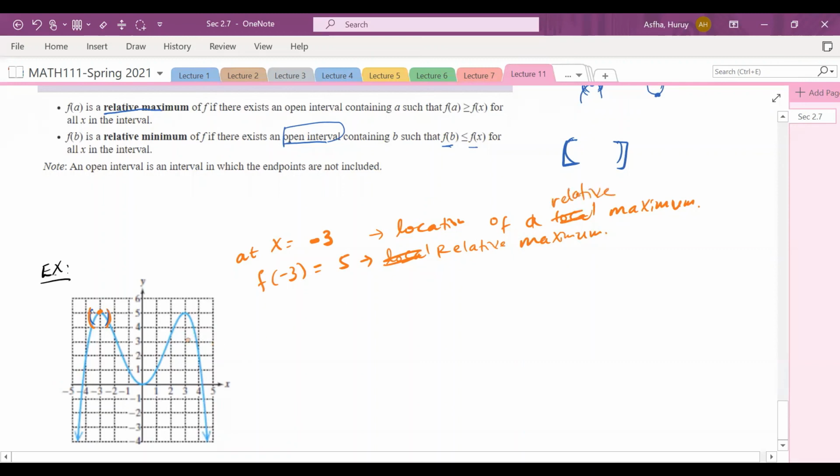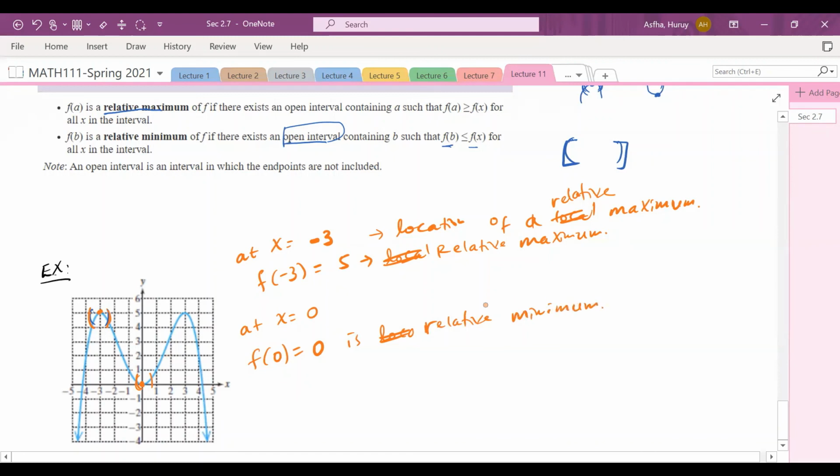Similarly, we have a point here, which is a relative minimum at x equals 0. f of 0 equals 0, because the y value is 0, and that is the relative minimum.